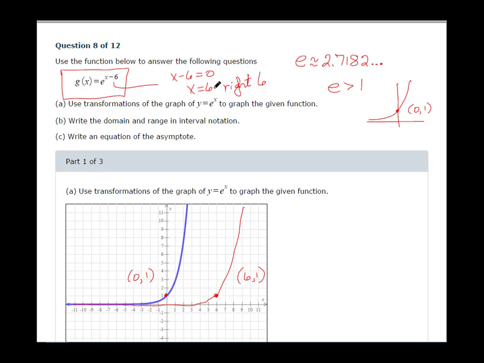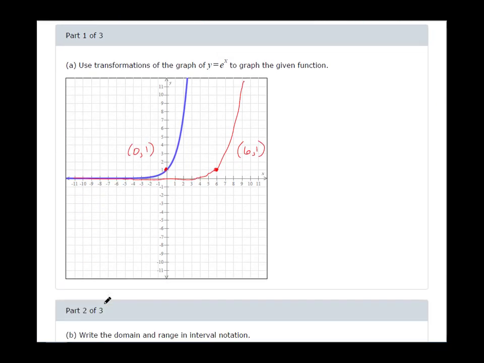Set it equal to 0, and I get x is 6. So, right by 6. So take this point, shift it over 6 units to the right. The horizontal asymptote does not change, doesn't go up or down. So nothing changes in terms of domain, range, or asymptote.